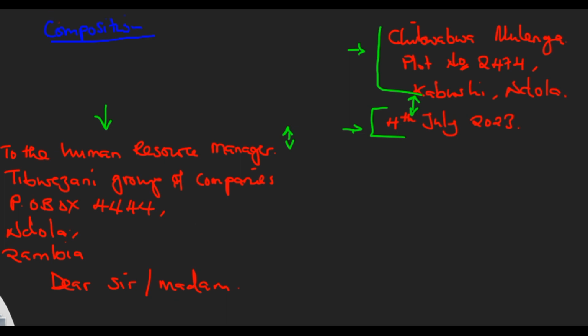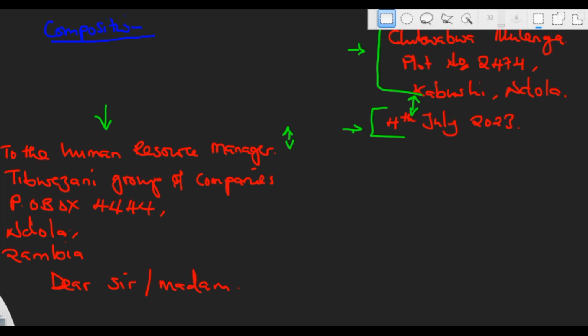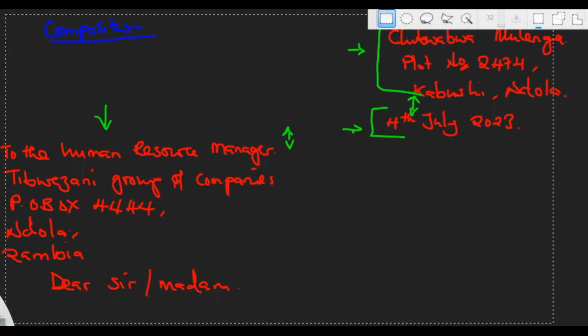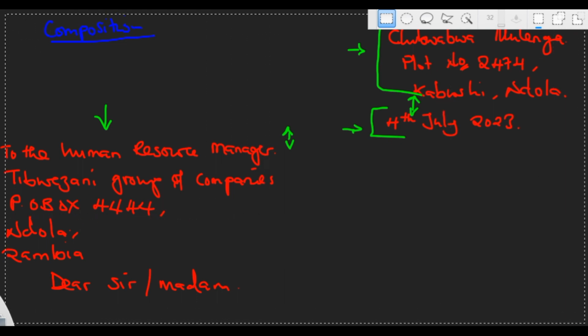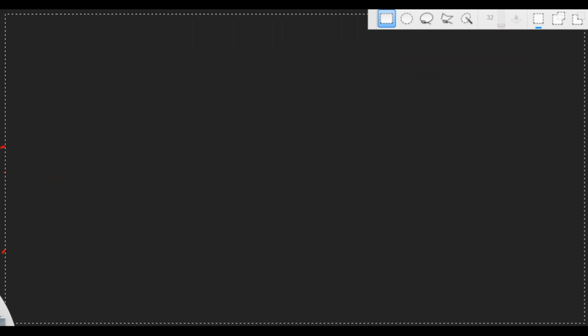Apart from that, what will come next is the reference, which follows after the salutation. Reference can be in capital letters or small letters, so long as it is highlighted.